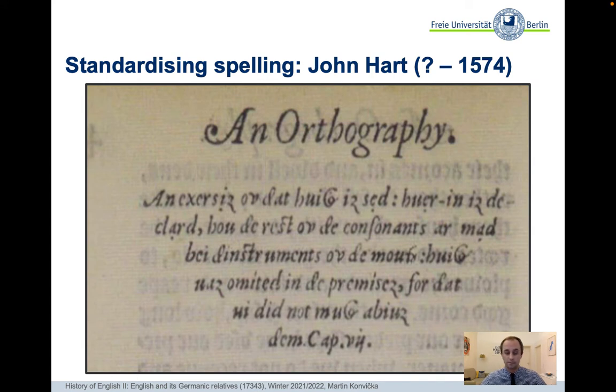All of them were eventually not successful, but the idea was that the way people used to write their language is not optimal, and people should use a better way of writing their language.